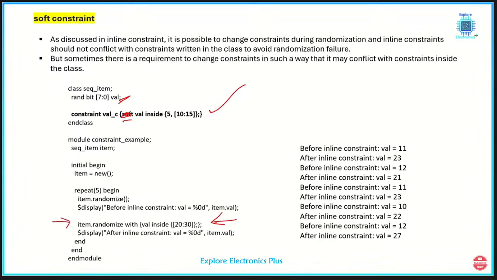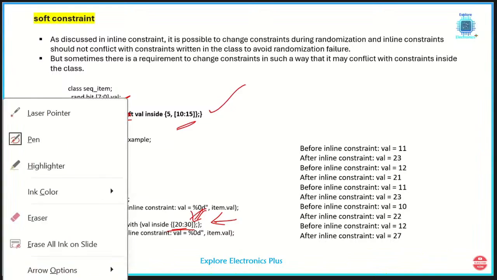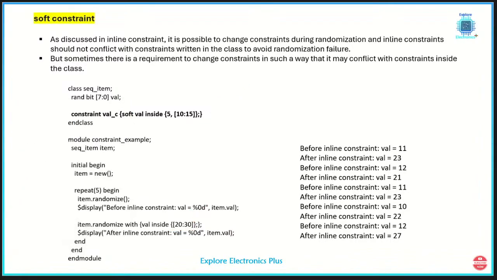So now you add the randomize function here and the value constraint here. Now it will look for this constraint and also this constraint. It will get confused and throw an error. To avoid that, we can keep this constraint as a soft constraint. Then whatever you use at the time of the randomize function call, that constraint will be applied.